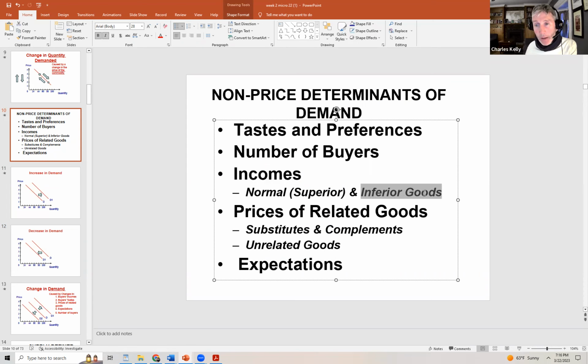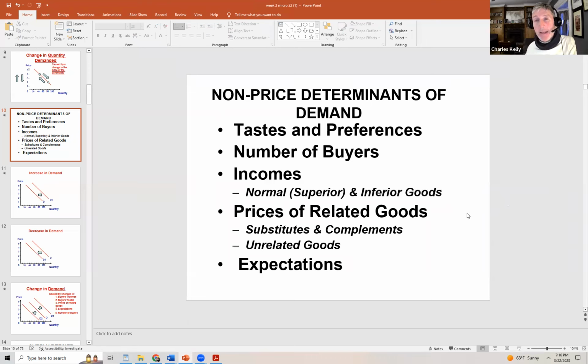So big point here. Inferior goods does not mean bad. We're not making a judgment of anyone buying these. We're simply economists using positive economic analysis, trying to say, okay, what happens in the market for an inferior good when there's a change in buyer's income?